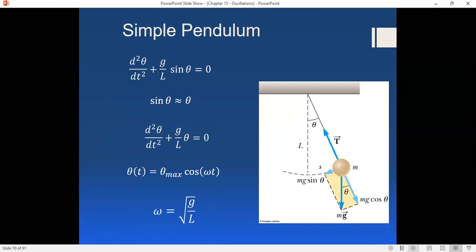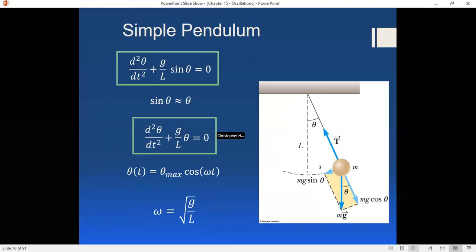Okay? So now my equation, here's the nonlinear equation with that sine theta. Here is now the linear equation. We solve for that, and it has a solution of theta equals the amplitude times cosine omega t.